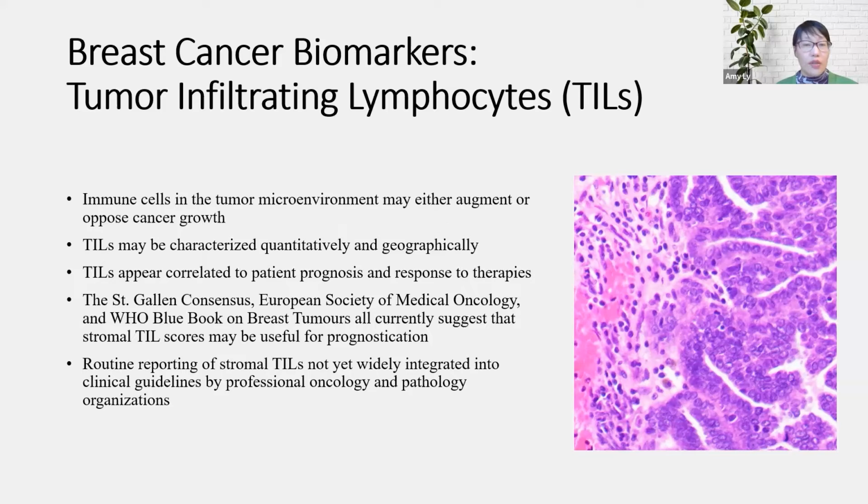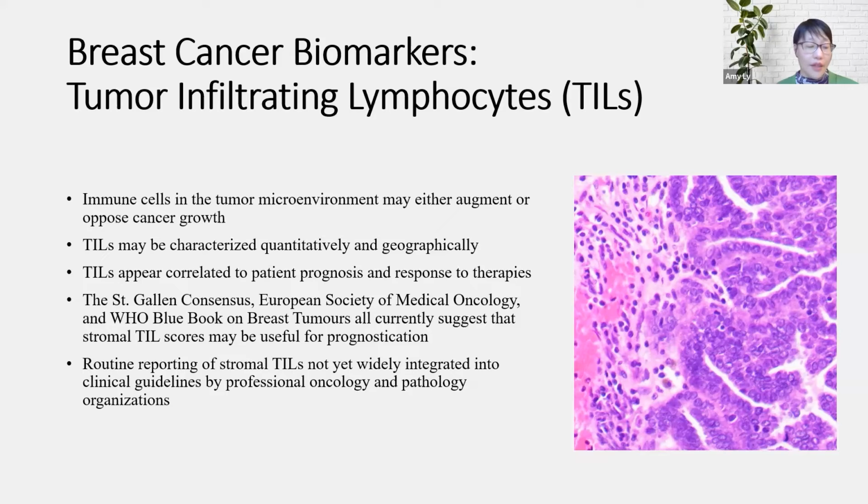These immune cells, or TILs, can be characterized quantitatively or geographically. So quantitatively, you would assess a number, which we'll get to, and then geographically means that you can either assess the number of immune cells in the epithelial neoplastic cells or in the stroma that is associated with the tumor.